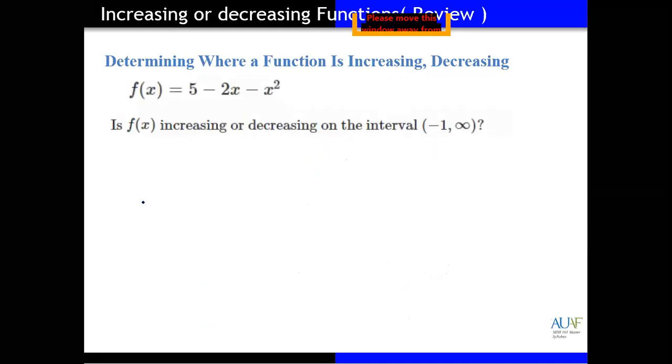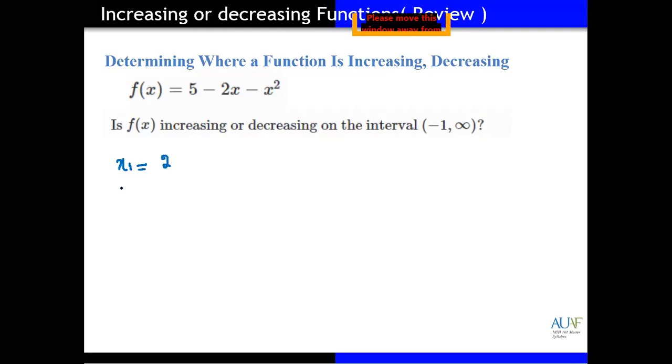Okay, we have f of x is equal to 5 minus 2x minus x square. We need to prove whether this function is increasing or decreasing for the interval of minus 1 till plus infinity. So you can give values from minus 1 till plus infinity. Let's suppose we select two values, first of all x1 value is equal to 2.